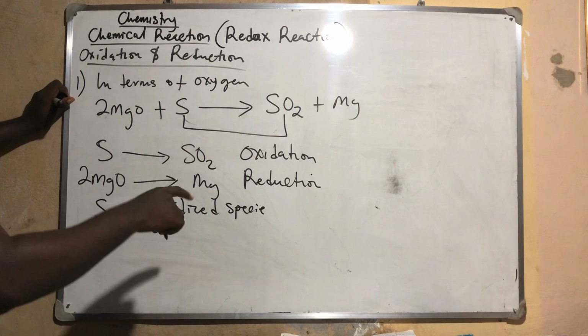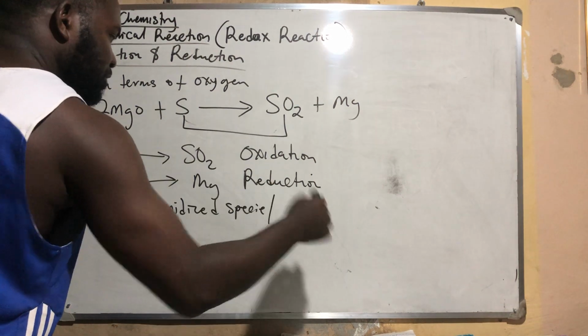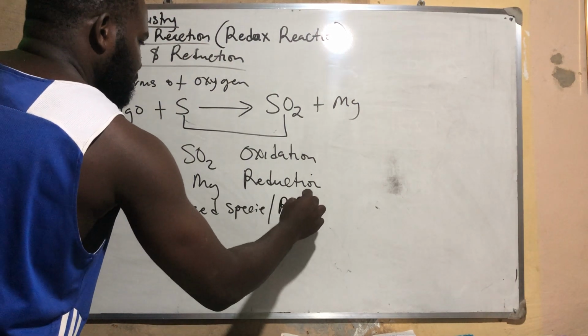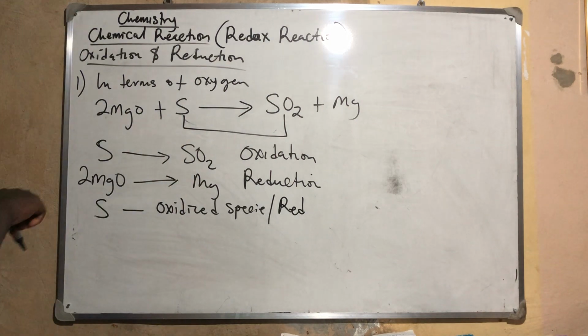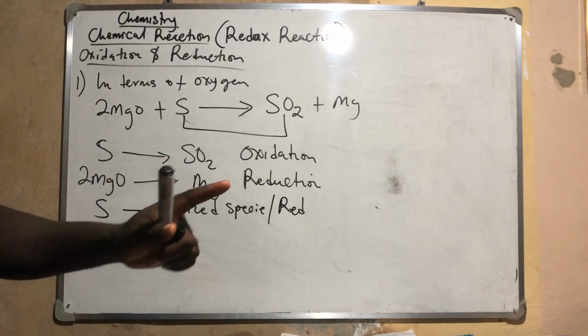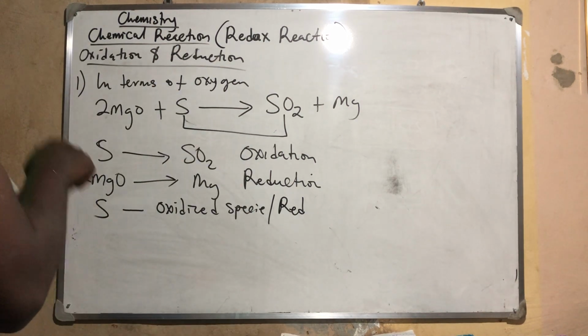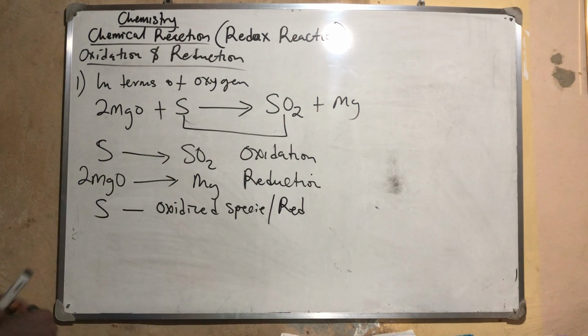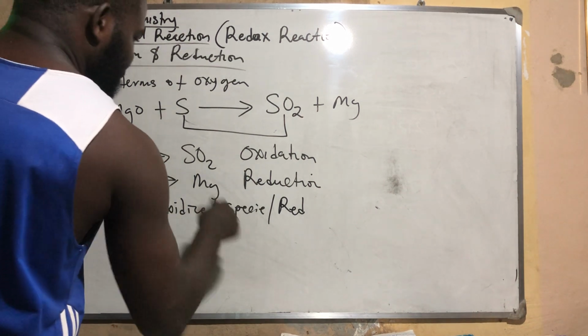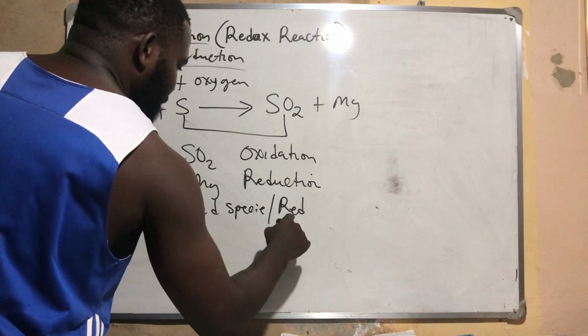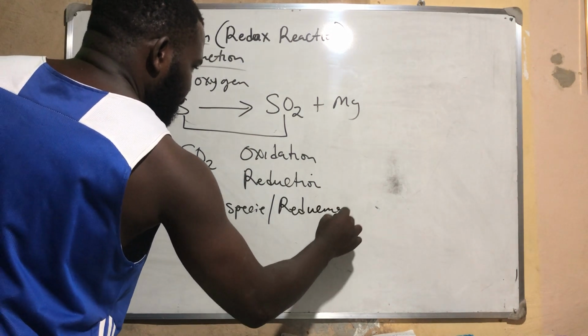Please note that another word for oxidized species is reducing agent, while another word for reduced species is oxidizing agent.